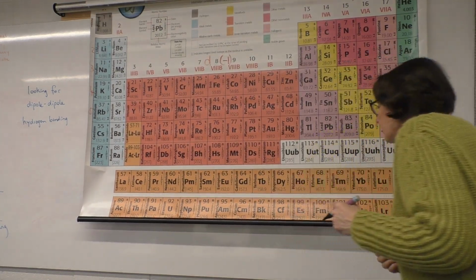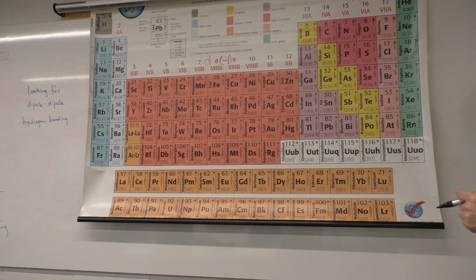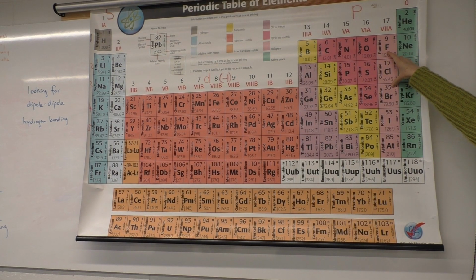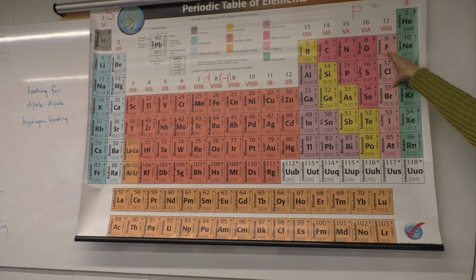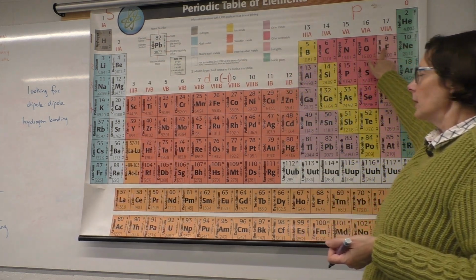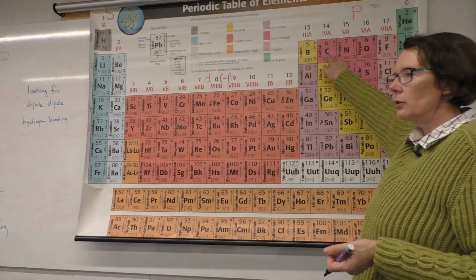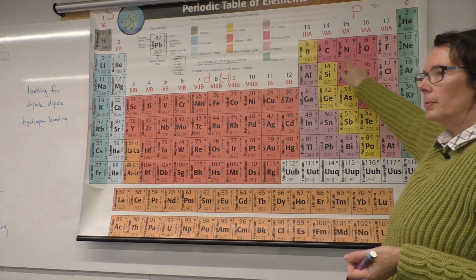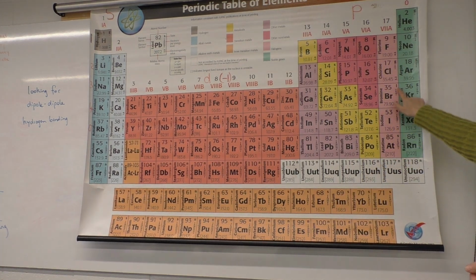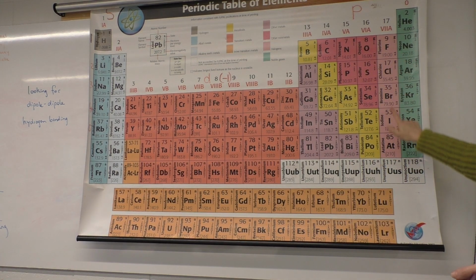So if we look at our periodic table here, and if we know that fluorine is the most electronegative element on the periodic table, it's the best attractor of electrons. And the trend is across towards this way. So we're increasing in electronegativity across the periodic table towards fluorine and up the periodic table towards fluorine.